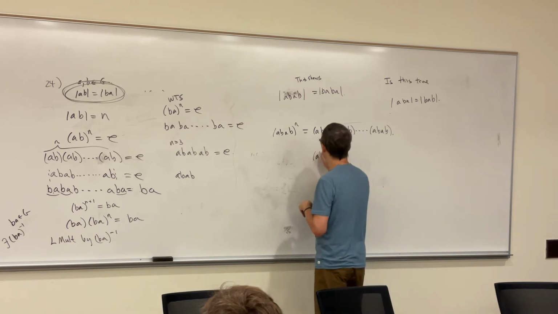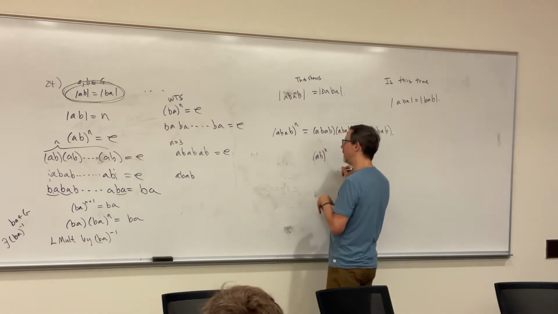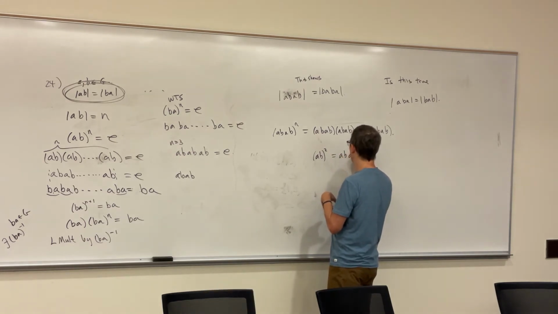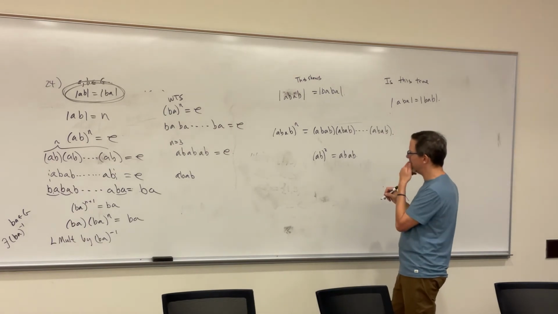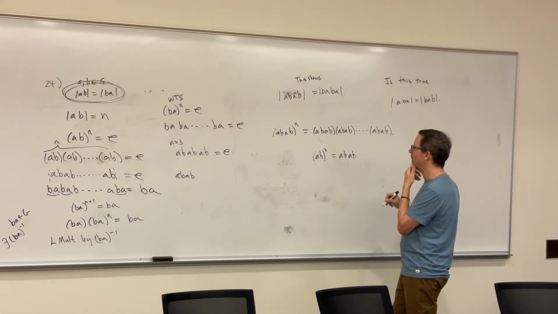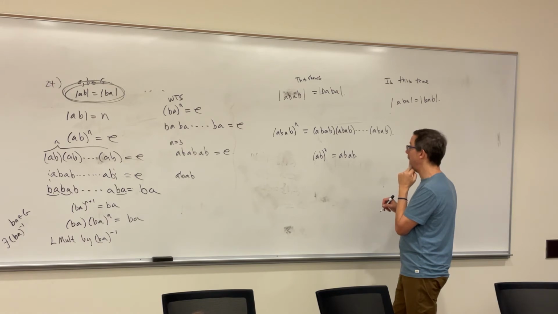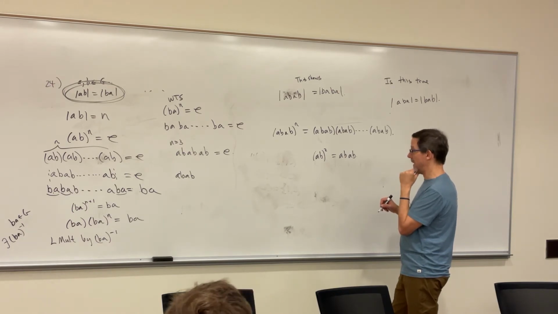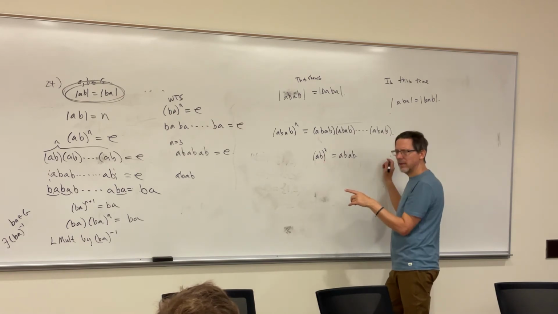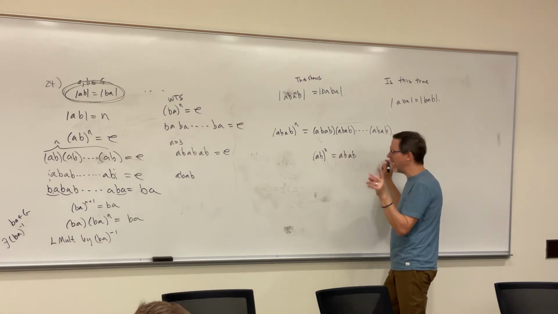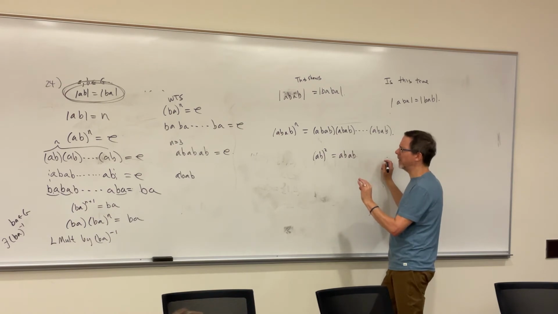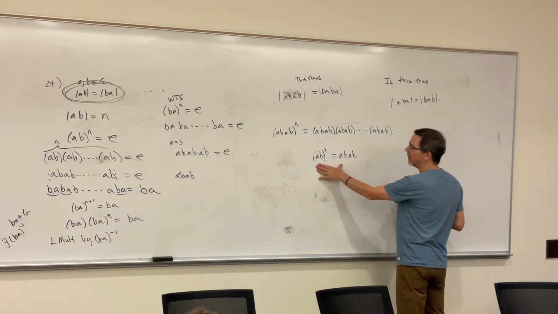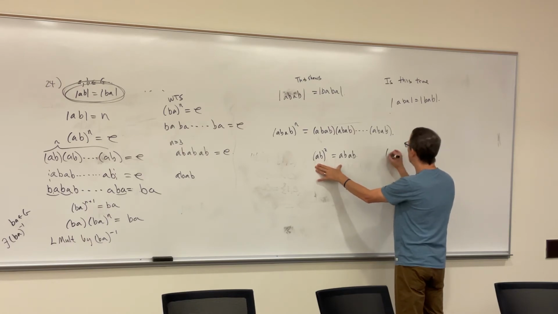If we assume that AB has order N, then the order would be N over two, right? Explain what you're, I'm not quite sure I get that part, but I think that's a cool move.